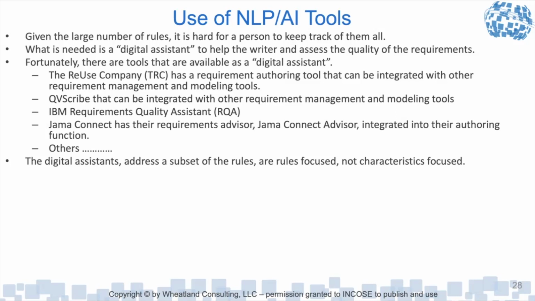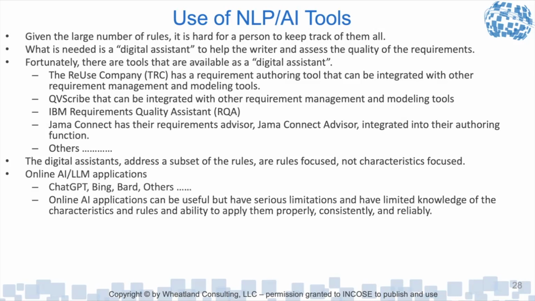There are also now the online AI large language model applications: ChatGPT, Bing, Bard, and others. While they can be useful, they have serious limitations and limited knowledge of the characteristics and rules and the ability to apply them properly, consistently, and reliably. I played around with these and put in a poorly formed requirement.